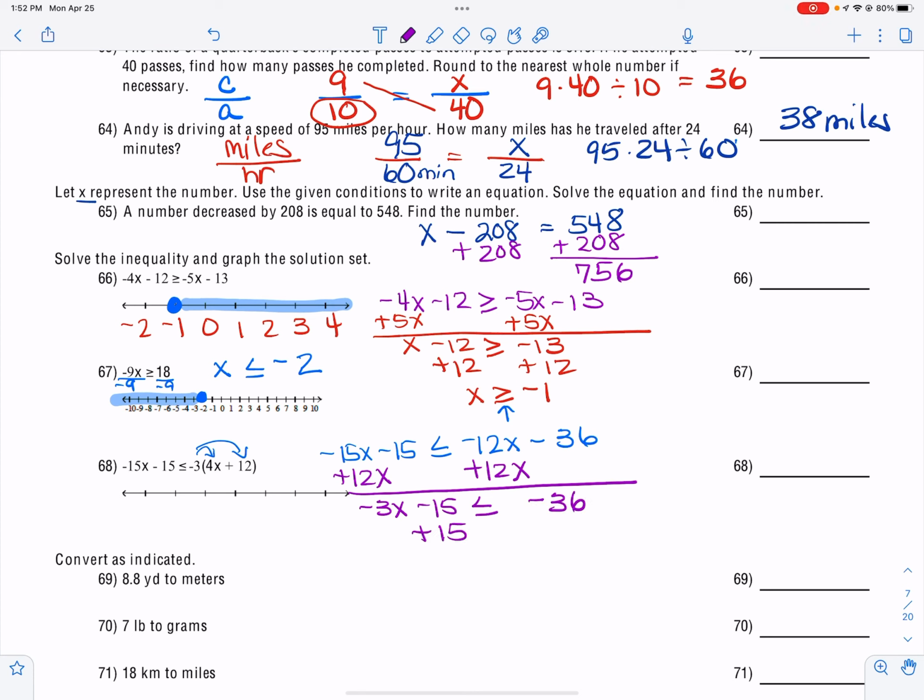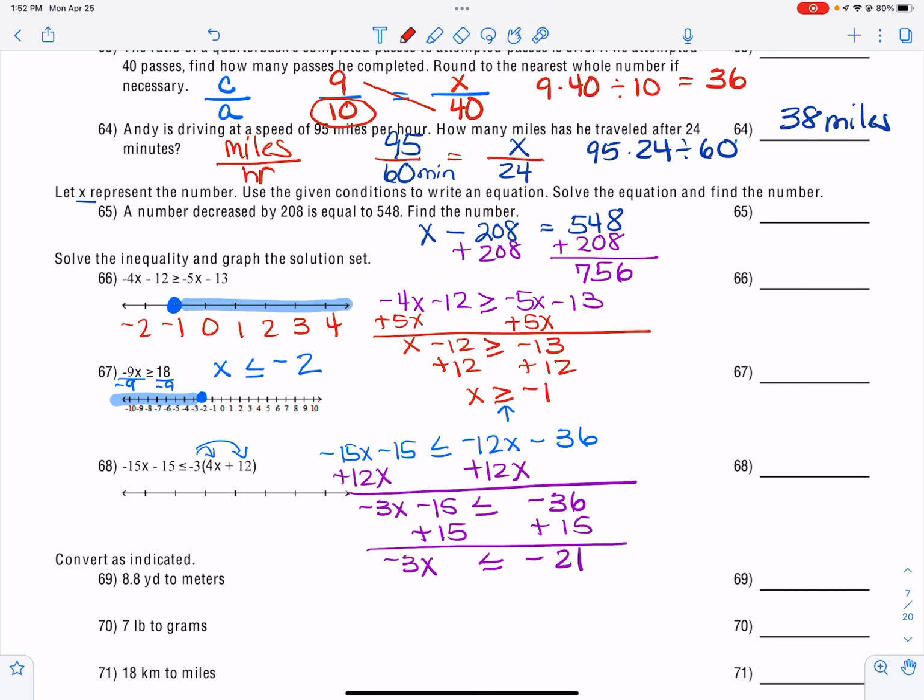And then I'm going to add 15 so that I get negative 3x is less than or equal to negative 36 plus 15, which is negative 21.